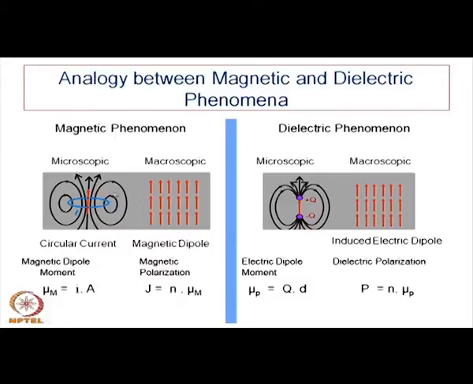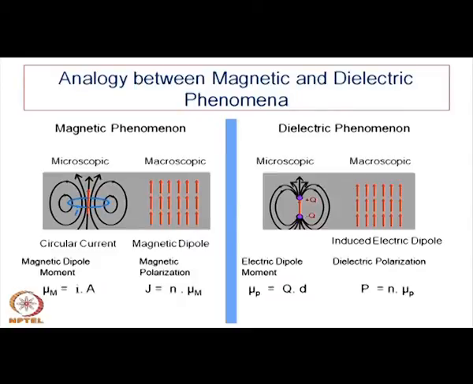in any material you have magnetic field within the system itself, primarily because there are charged species like electrons which are moving in a circular path around the nucleus, and that is equivalent to a flow of current.